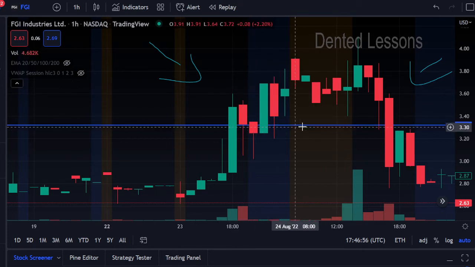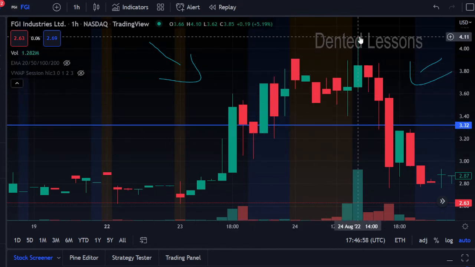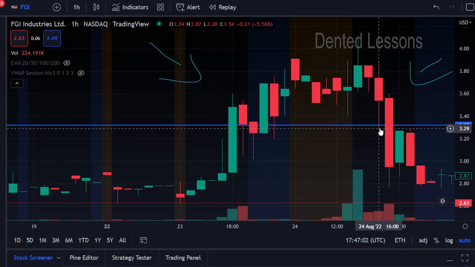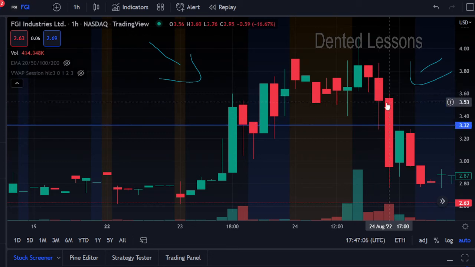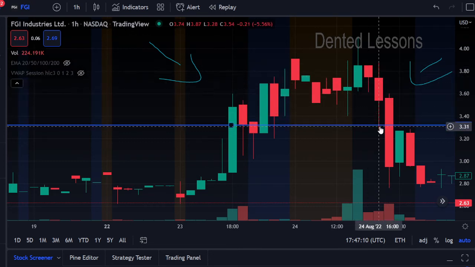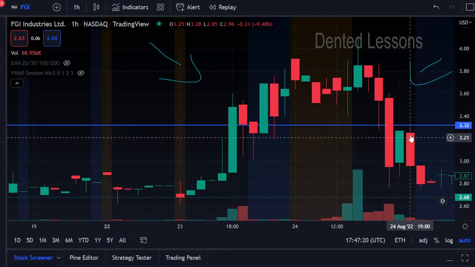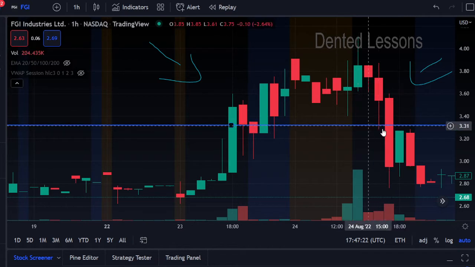After this big gap up with this big volume, it failed to go any higher. It did try and hold this level here, the previous daily close. Had a bit of a bounce, a 10% bounce. Like I mentioned, you can try and buy these bounces if there isn't a huge amount of volume, because this is a key level, these previous daily closes. A lot of the time, if the bulls want this price to keep going higher, this is where they're going to be trying to protect the price.